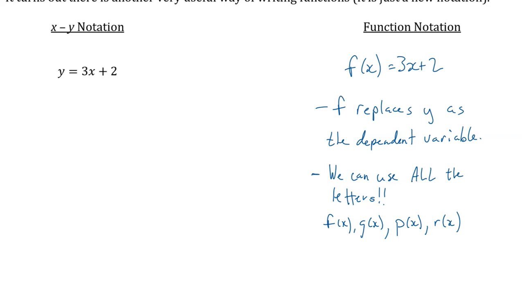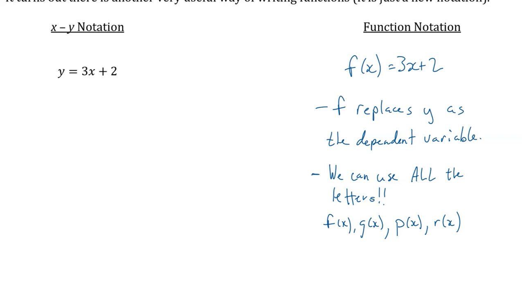That may not seem very interesting, but you can understand how that would be useful if you had many functions at the same time, right? In this course, we probably won't do that too much, but we do in some grade 12 courses, we do that a lot. So it's really useful to be able to name functions with different names and then refer to them all in one question. Okay, so that's the easiest useful way of seeing this.